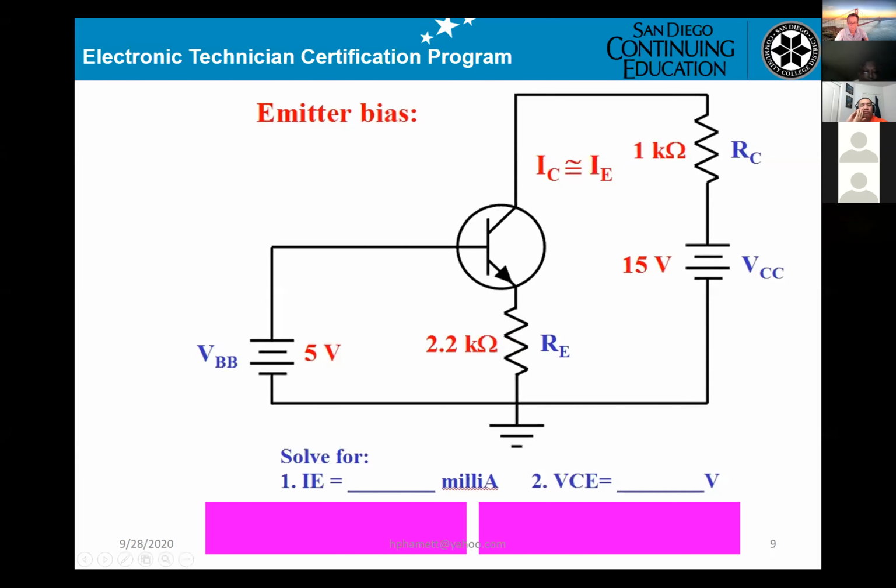So, Mr. Pham, you're saying that would be minus VBB plus VBE, plus 0.7. Minus VBB plus 0.7 plus IE times RE.